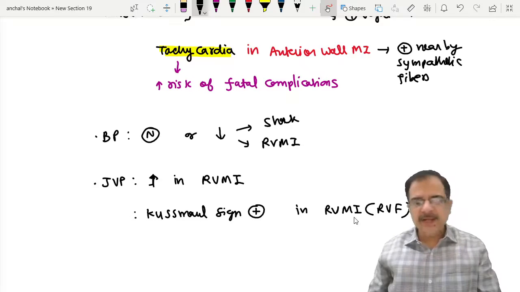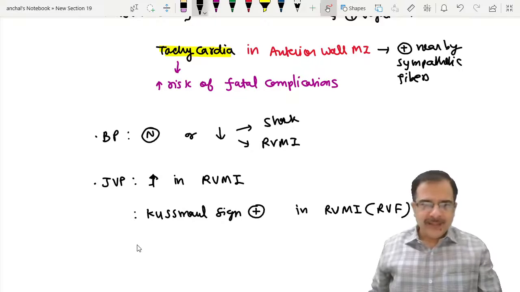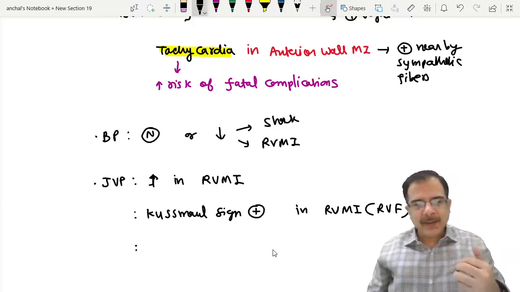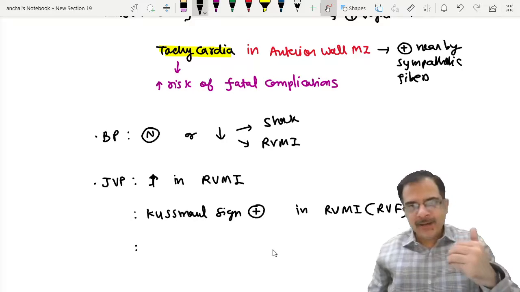In the JVP, due to the right ventricle MI, there can be papillary muscle necrosis of the tricuspid valve.